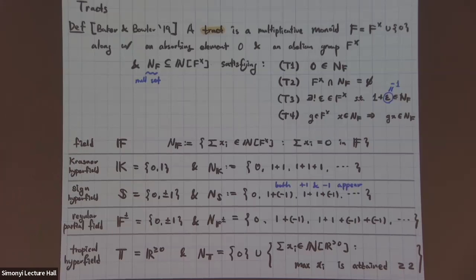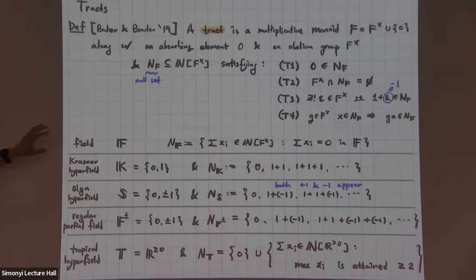The first condition says 0 is in the null set, of course, and every nonzero element is not in the null set. The third one means that there is a unique epsilon so that 1 plus epsilon is in the null set. What it means is we can consider epsilon as -1. Maybe it is better to look at examples.